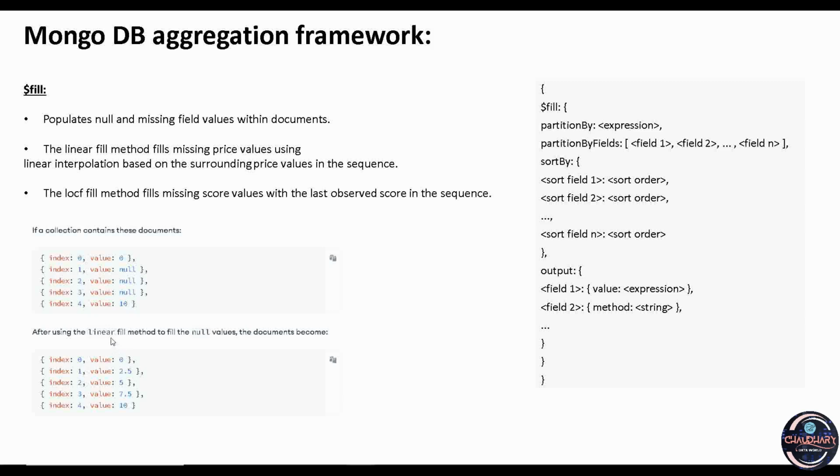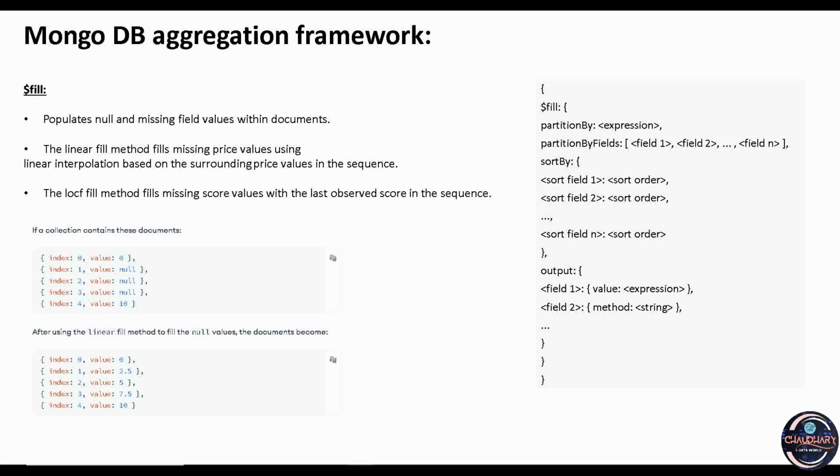When we fill it out with linear, we can see that we get 2.5, 5, 7.5 and so on. Now it may arise in your mind how these 2.5, 5 and 7.5 came. If you are aware of linear interpolation, it is a mathematical way of assigning a value to the null value.